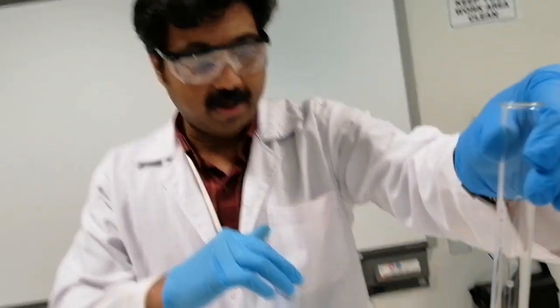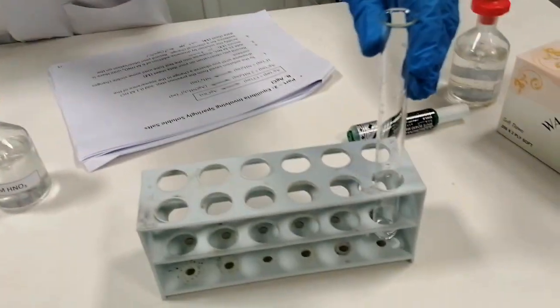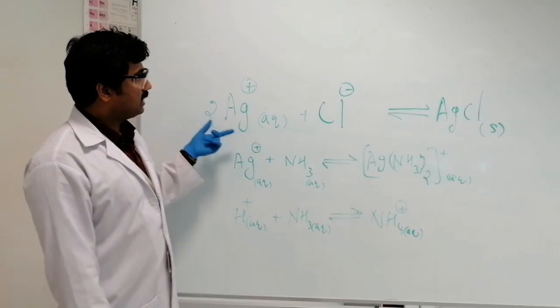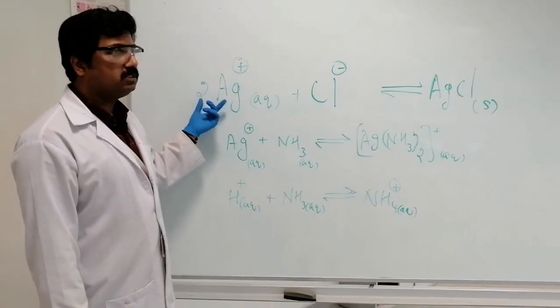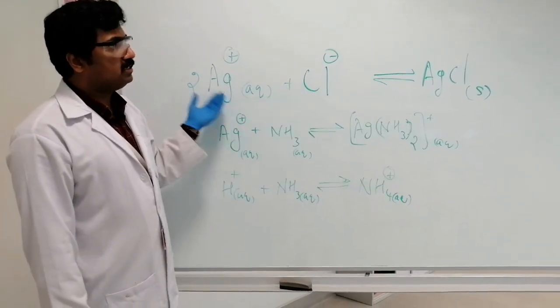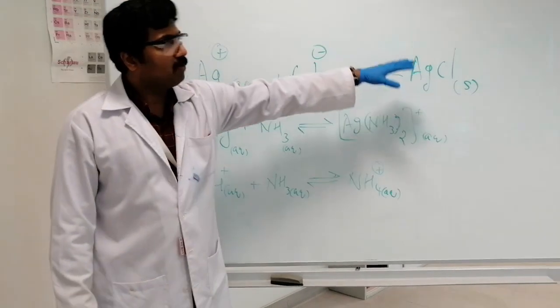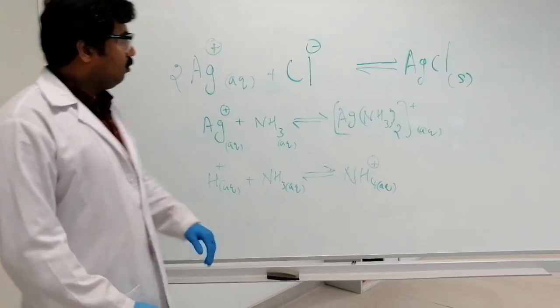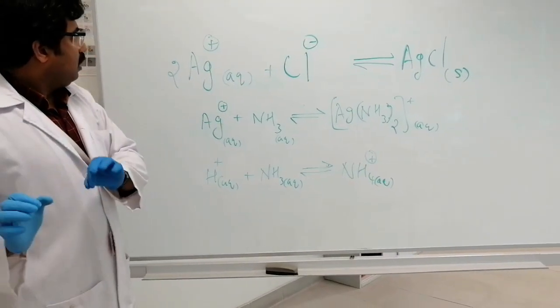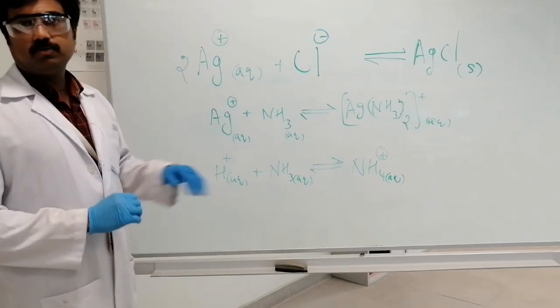As you go back to the equation over here on the blackboard, this equilibrium reaction, we have silver ions and chloride ions on the reactant side, and we have the silver chloride on the product side. So what we did now, we added ammonia into the equilibrium mixture.